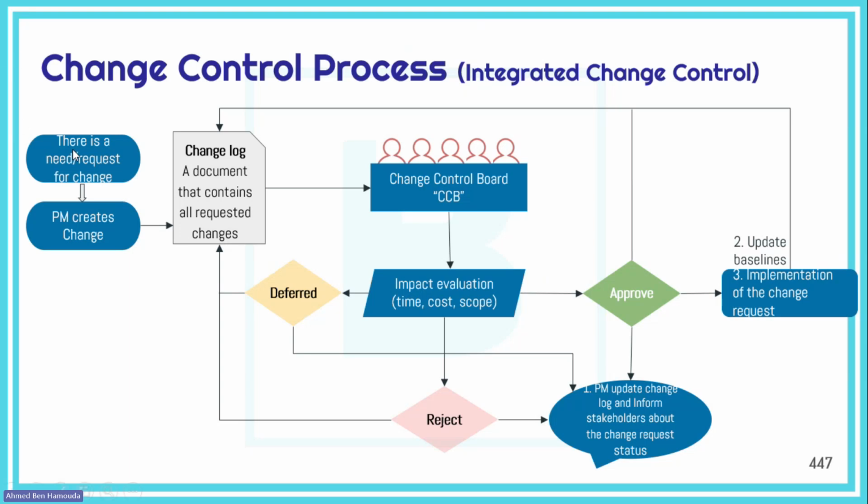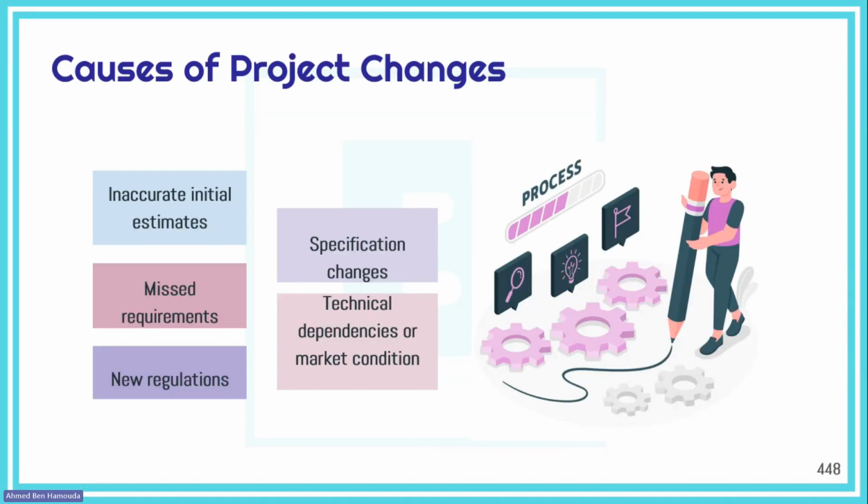Generally, when there is a need for a change, it could be because of inaccurate estimates in the planning phase, or because we missed some requirements, or there are specification changes, or the customer has requested updates, or new regulations were released and we need to adapt to them, or there were technical dependencies, or we were impacted by market conditions.